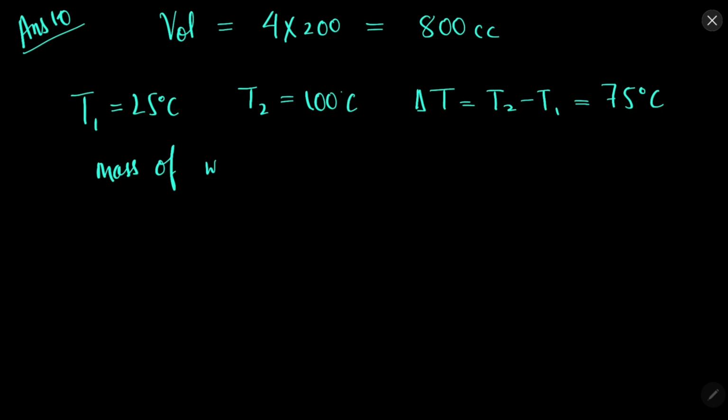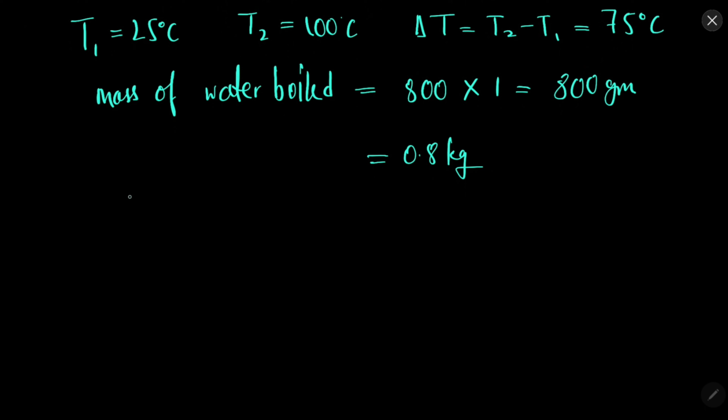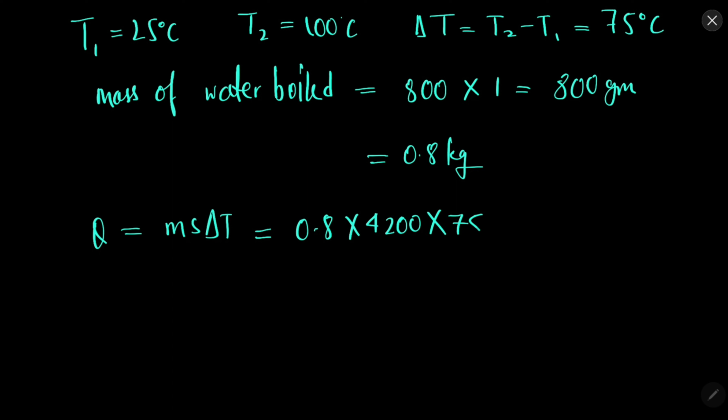Mass of water boiled is 800 into 1 cc gets converted into gram or 0.8 kg. Next, heat is ms del T. So 0.8 into 4200 into 75 degrees Celsius, 252,000 joule.